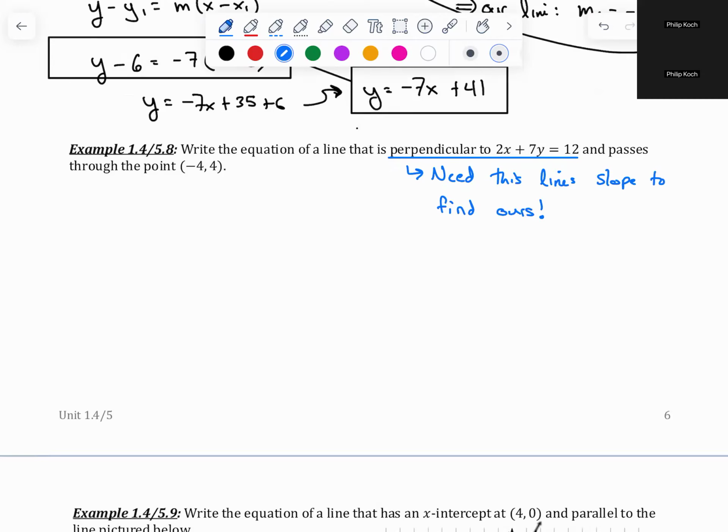So in this case, that line, 2x plus 7y equals 12, is in general form, which is great for linear algebra, but not useful in terms of slope. So we'll write it in slope intercept form. We get 7y is equal to -2x plus 12.